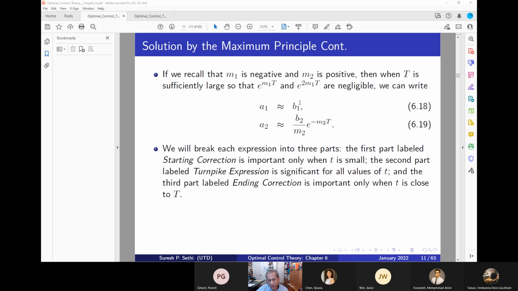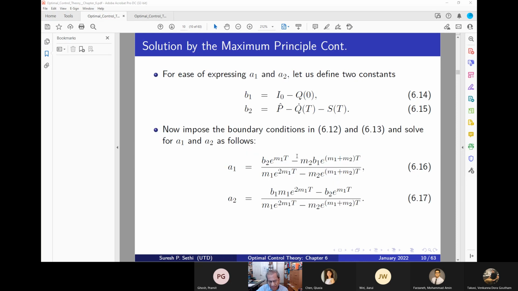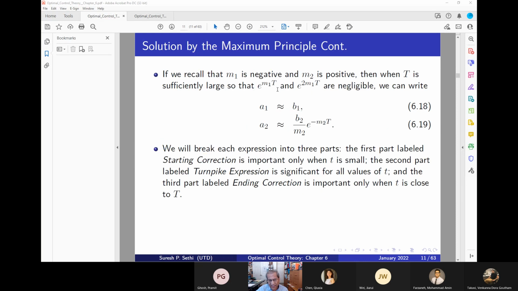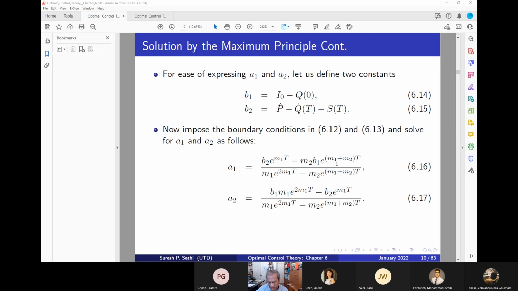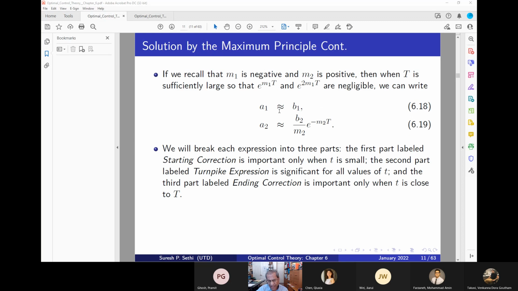So in those conditions, you see, I can change this to 0 in those two formulas. When I do that, I get this. But I don't want to make this 0. It's also negligible, because M2 is positive and minus M2 is negative. So that can also disappear.